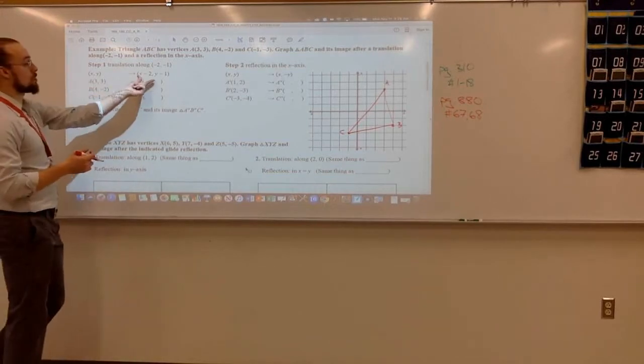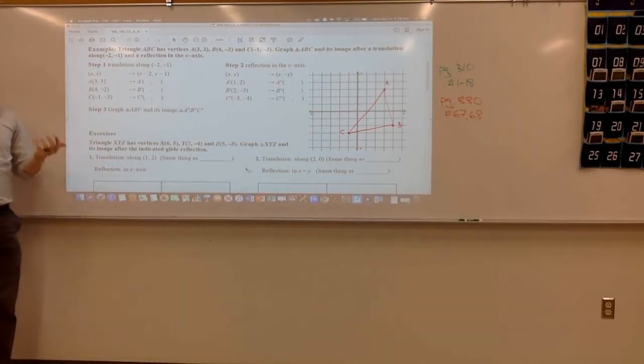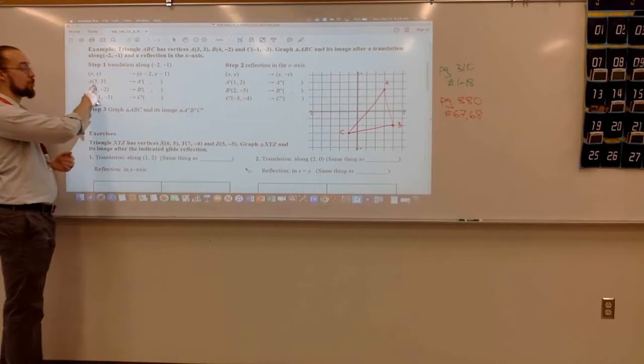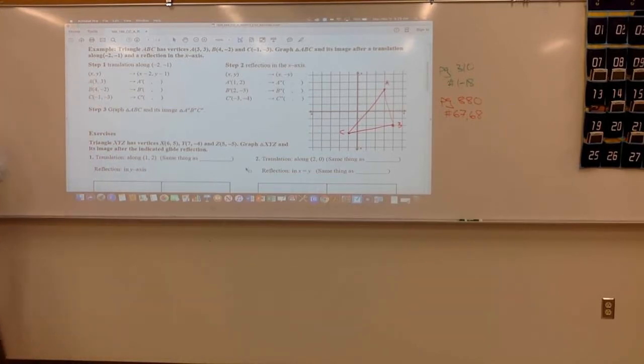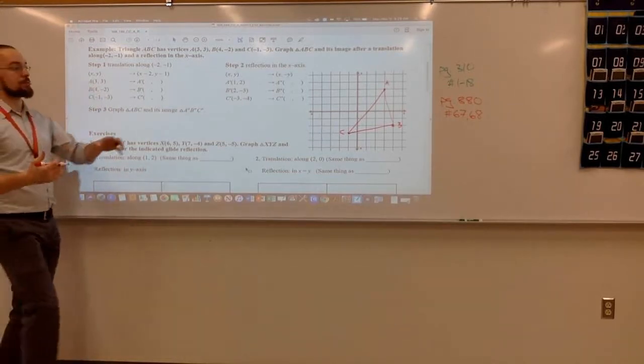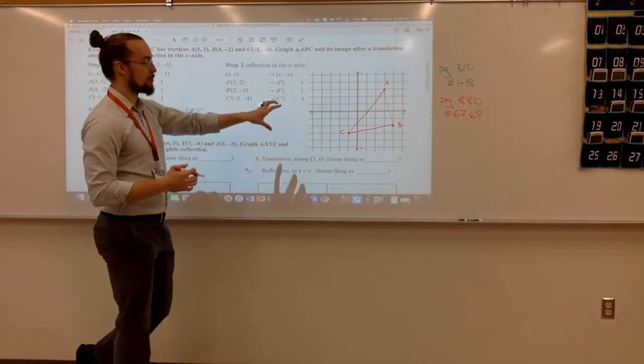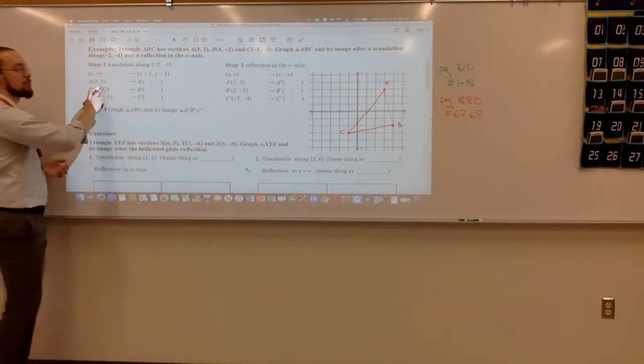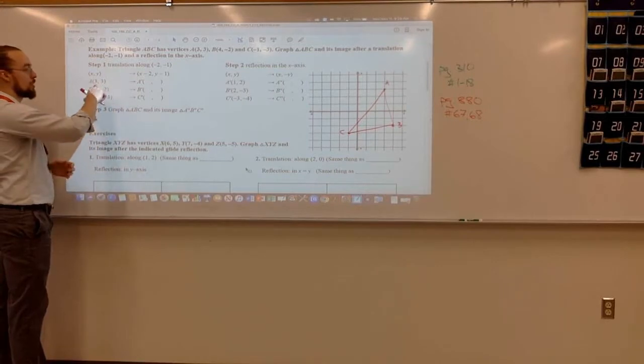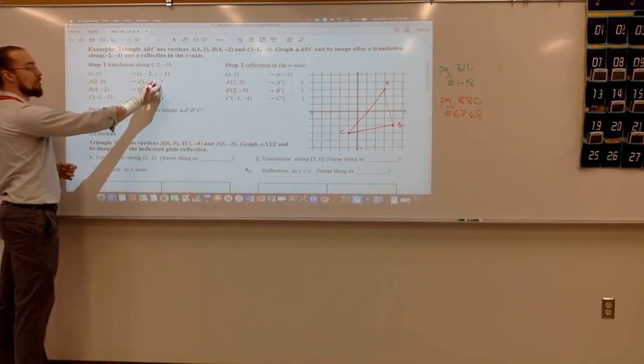In terms of writing the coordinates, that just means subtract 2 from each x and subtract 1 from each y. In terms of the graph, it means take each point and go left 2, down 1. So the point 3, 3 will become 1, 2.